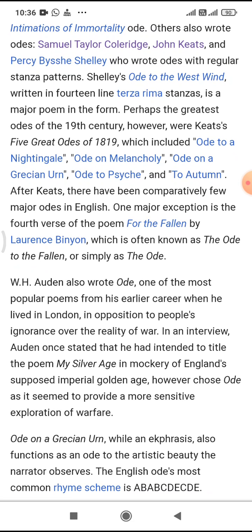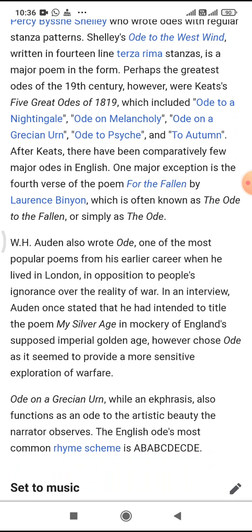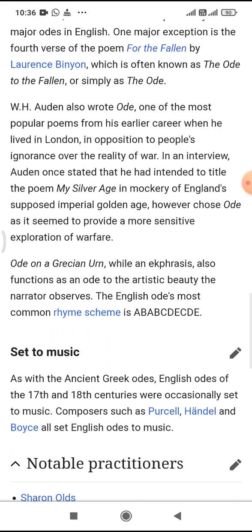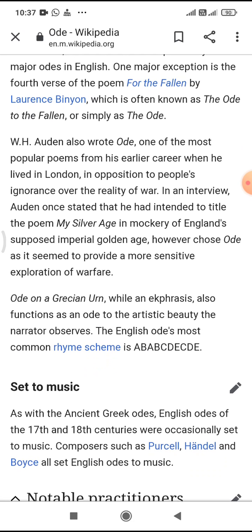The English ode's most common rhyme scheme is A B A B C D E C D E. So the rhyme scheme is a bit different, and you have to remember it: A B A B C D E C D E. As with the ancient Greek odes, English odes of the 17th and 18th centuries were occasionally set to music.